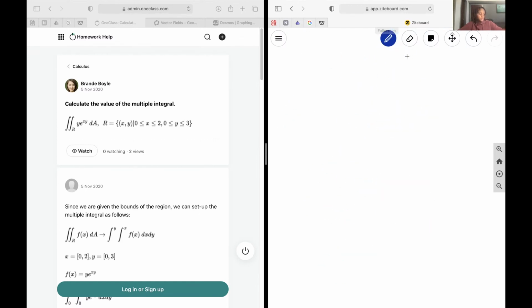Next up for this question, we're evaluating an integral. If we put in our R, we are integrating x from 0 to 2 and y from 0 to 3 of y e to the xy dy dx.